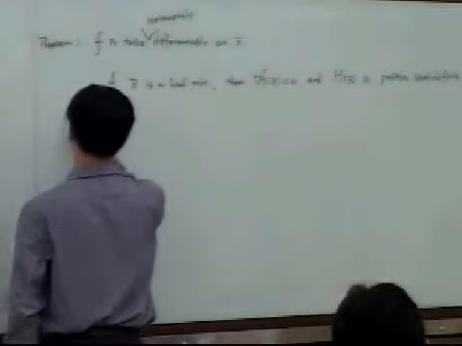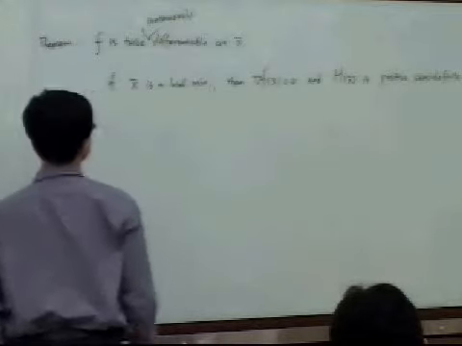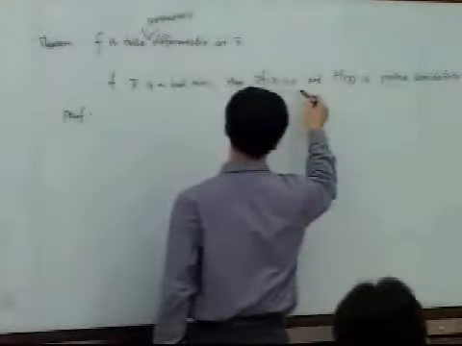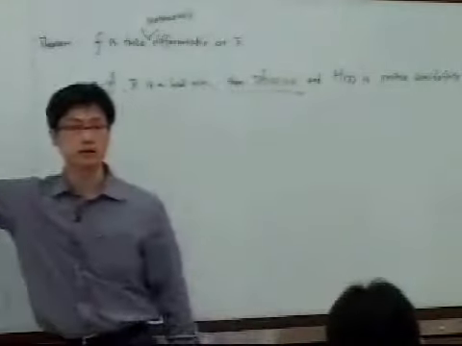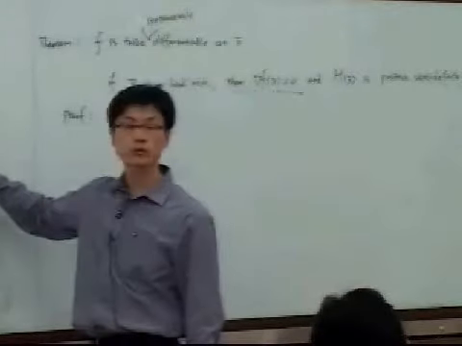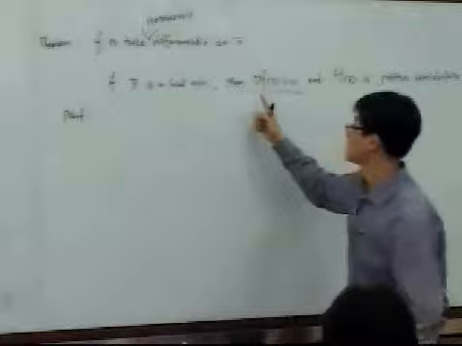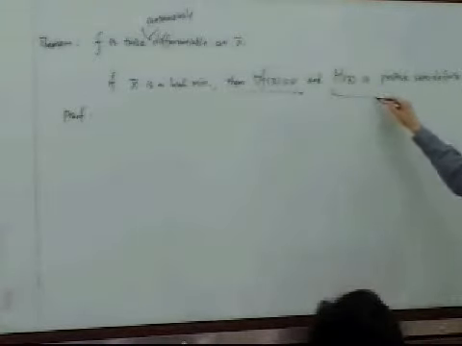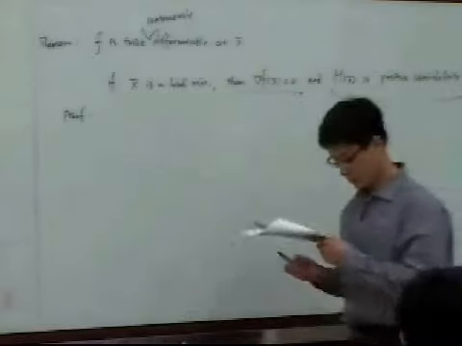Okay, proof. This part is proved by this. So the first order necessary optimality condition is automatically proved. So we have to focus on this part.